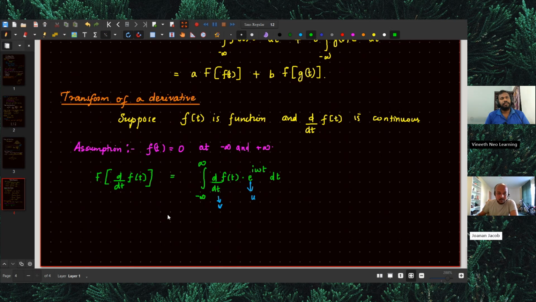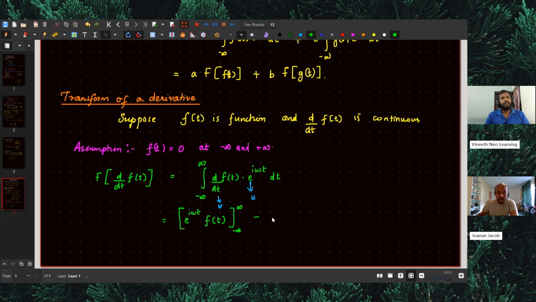So what will be the value? First function, e raised to I omega t, into the integral of the second function, which will be f of t, isn't it? Within the limits negative to positive infinity.